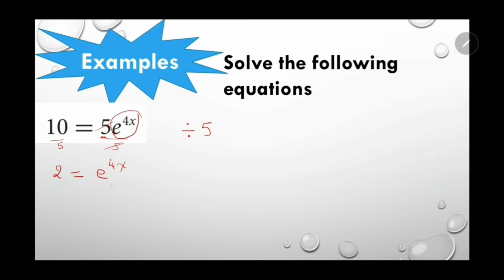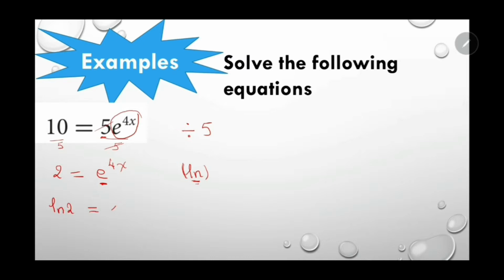Now to get rid of the e, we need to take the ln for both sides. Whenever we have e, we use ln rather than log. So take ln for both sides. This is an equation, so what we do on the left-hand side, we have to do on the right-hand side. So we'll take ln 2 and ln e power 4x.